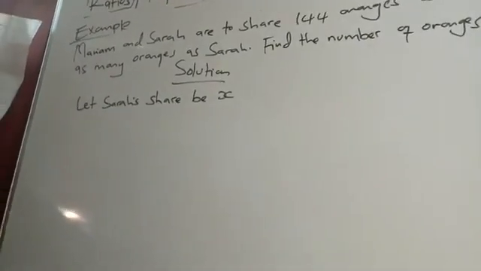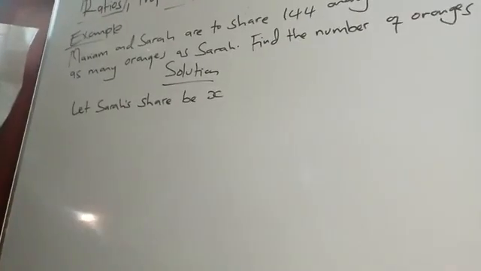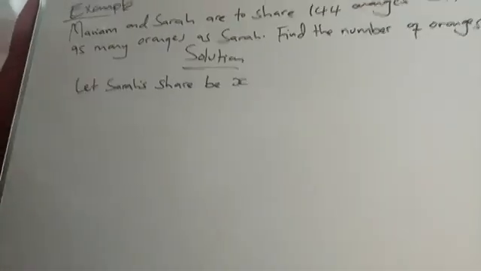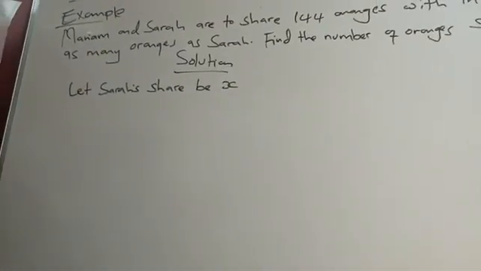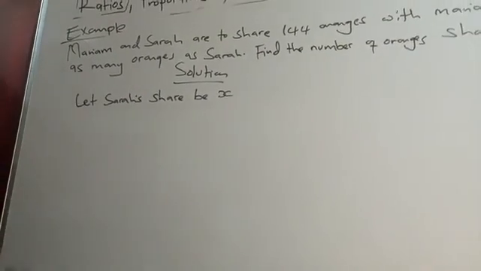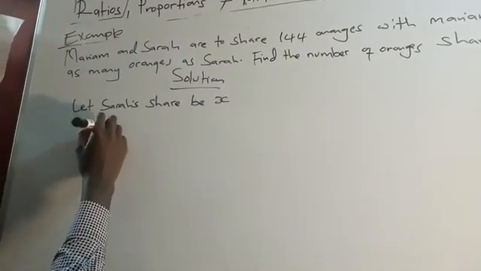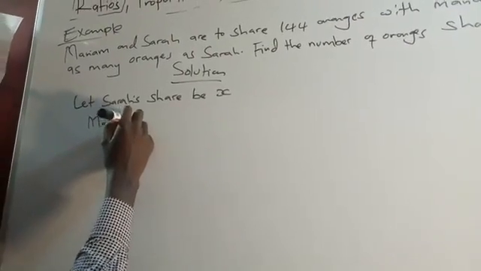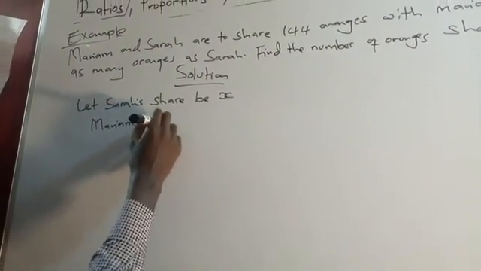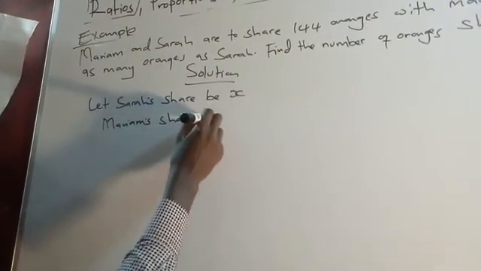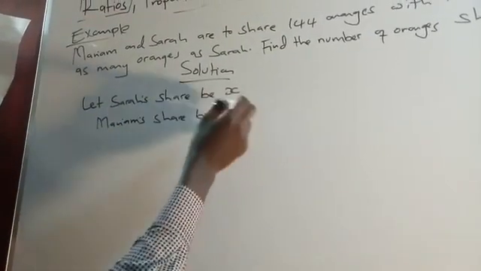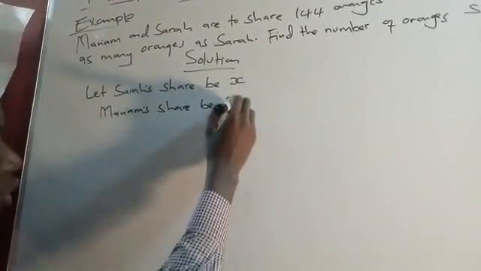And they said that Mariam gets twice as many oranges as Sarah. So Mariam's share will be twice as Sarah, becoming 2x.